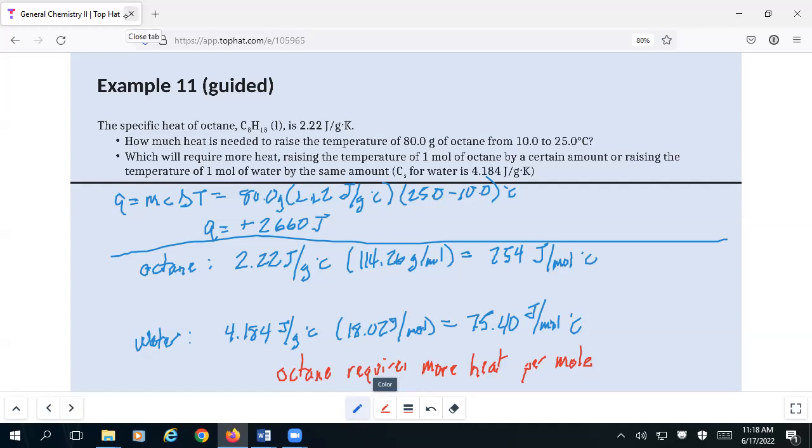If you did that, you'd have to actually calculate the Q values for each and compare them. Here, we're doing an apples to apples comparison. Convert each of the masses into moles and take it from there. Any questions?